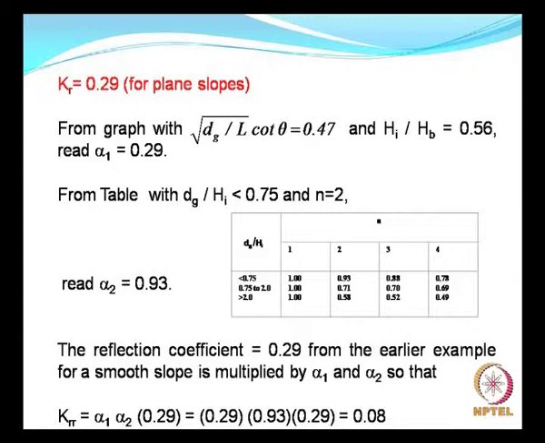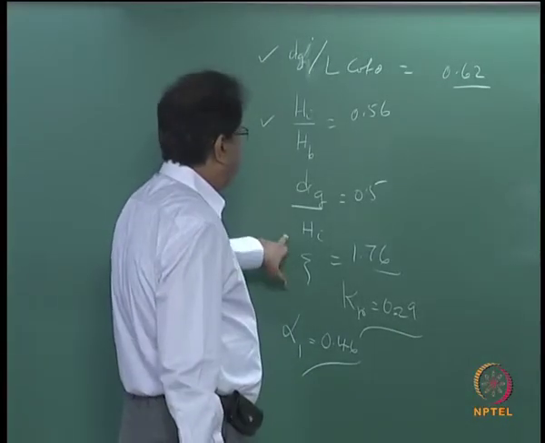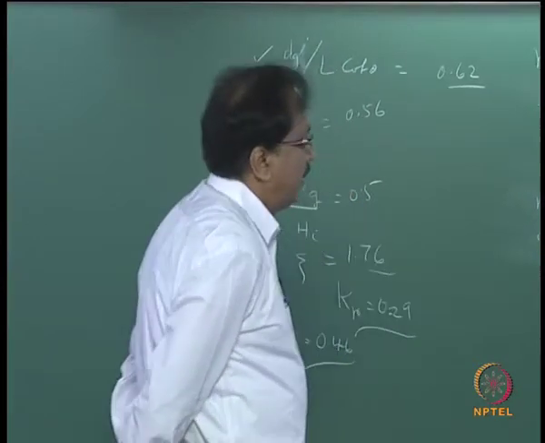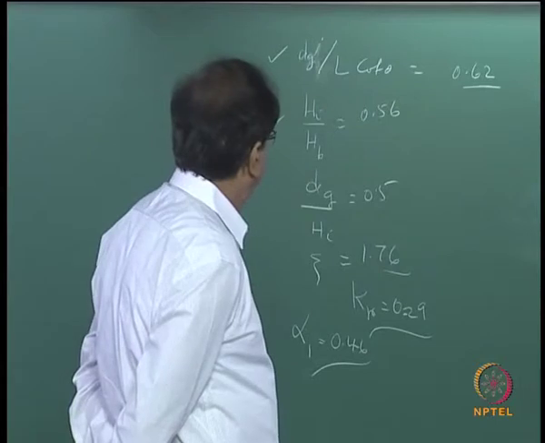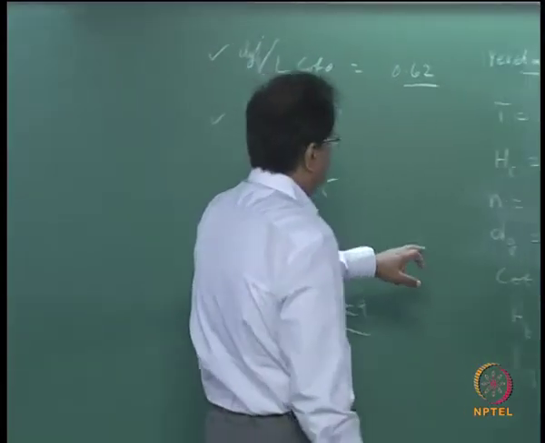Now we need to get alpha 2. What is alpha 2? Number of layers, dg by hi equal to 0.96, number of layers equal to 2.